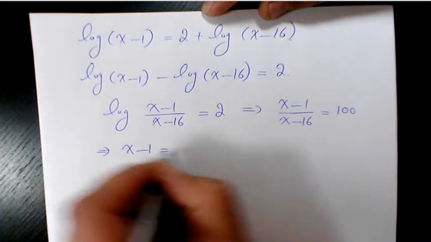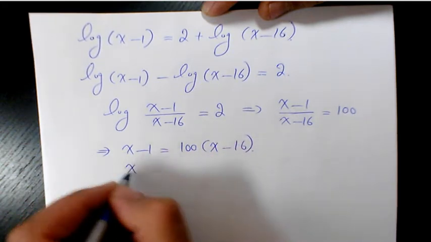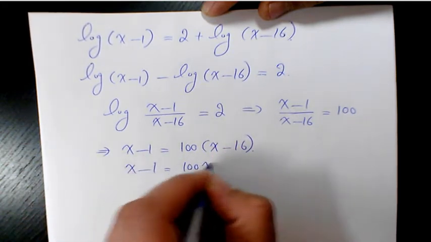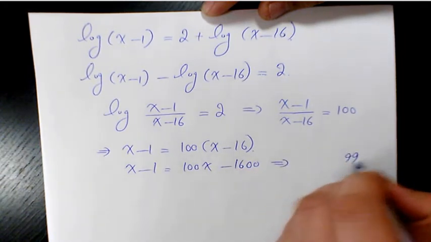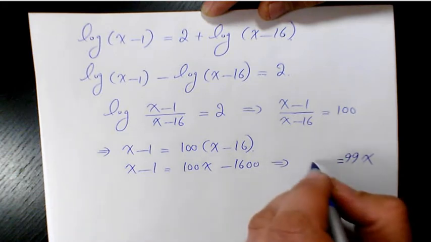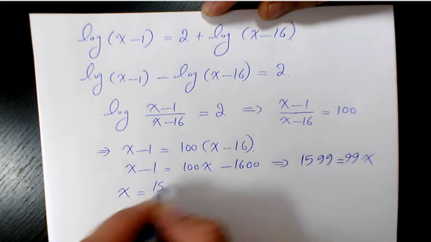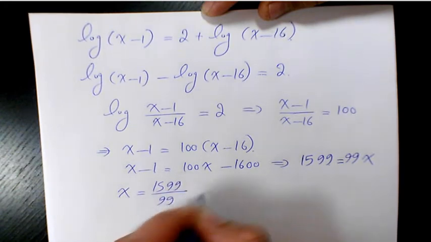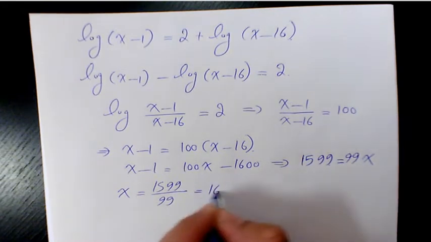So x minus 1 equals 100 times (x minus 16), which will be 100x minus 1600. That's going to be 99x equals 1599. So x will be 1599 over 99. When you calculate it, that's going to be 16.15.